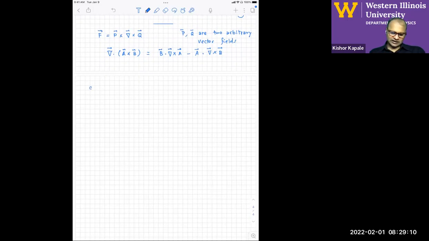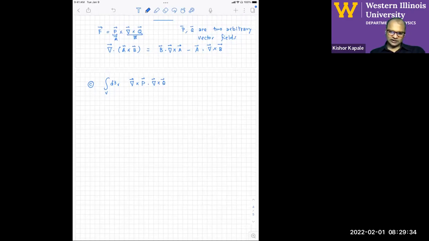Now we get, let's say, an expression C here, which is going to be the volume integral of F, which is del cross P dotted with del cross Q. So here what we have done is that's our vector B, let's say, and that's our vector A. And then you can use the expansion that we just found in writing down the left-hand side of the expression.